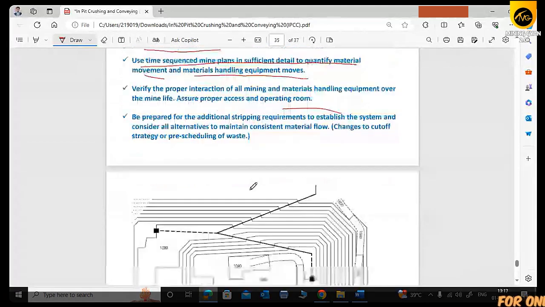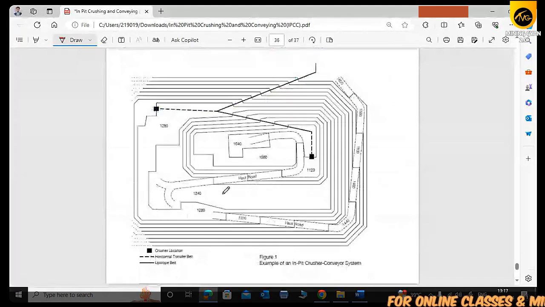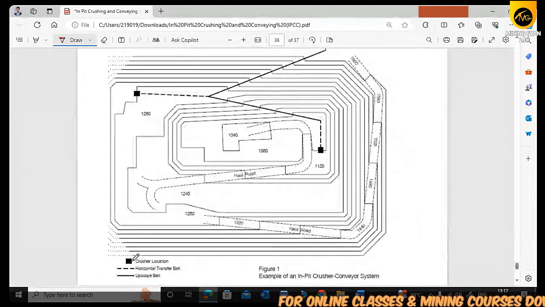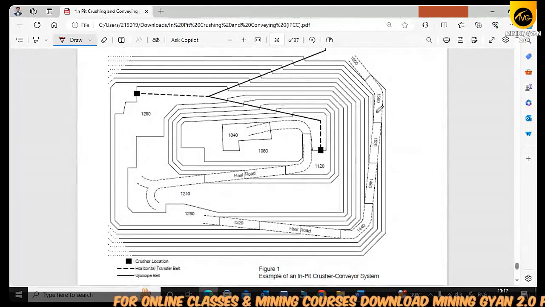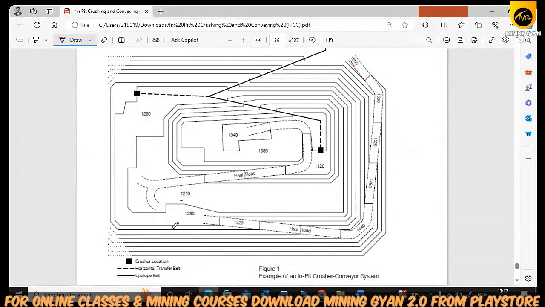Basically, you see this layout, a line diagram layout of mine planning. This black spot shows the crusher location. The 1600 reduced level is written there. This horizontal line is the transportation belt.